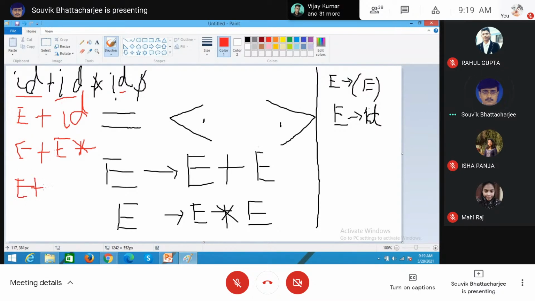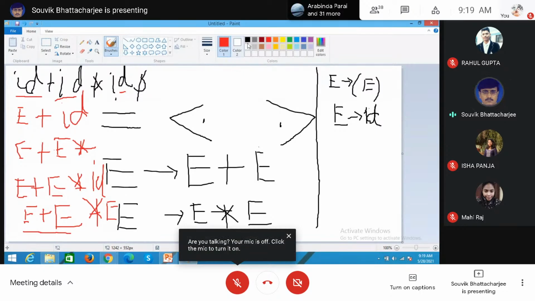E plus E star ID, and in the next step, ID will be reduced by E, giving E plus E star E. Now tell me, which one is your handle, this one or this one?